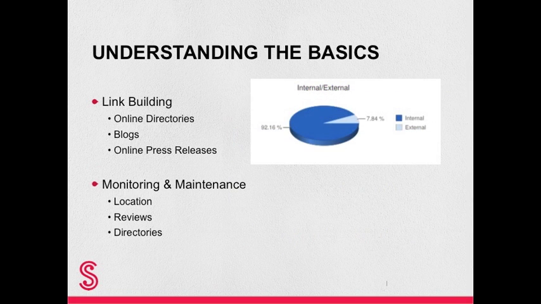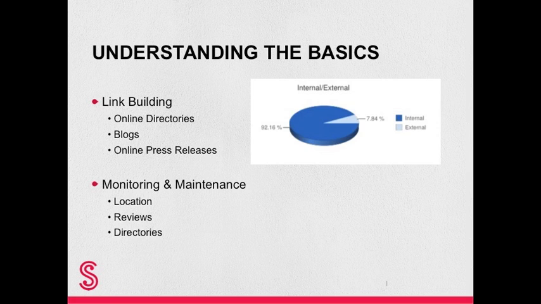In order for your domain and website to have credibility with search engines, you need to have some links built that are sending people back to your website. Social media is a great place for you to have those links built back to your website. In addition to that, we have online directories. There are a number that are free and some that are paid. There are blogs.